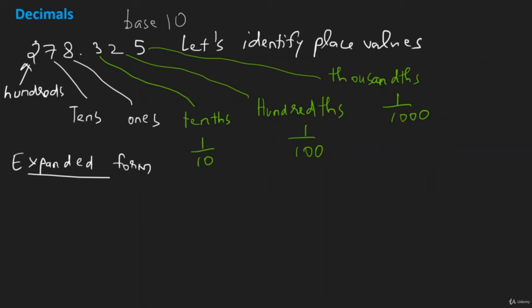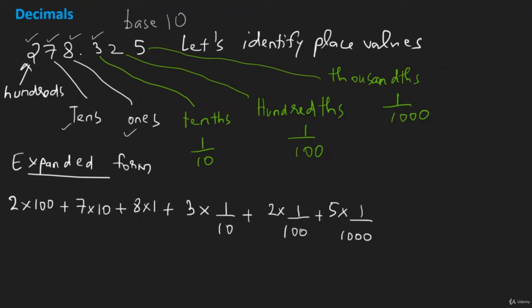For example, you have to multiply 2 with 100, 7 with 10, 8 with 1, and you have to multiply 3 with 1 by 10, 2 with 1 by 100, and 5 with 1 by 1000. So the expanded form of this number is 2 into 100 plus 7 into 10 plus 8 into 1 plus 3 into 1 by 10 plus 2 into 1 by 100 plus 5 into 1 by 1000.